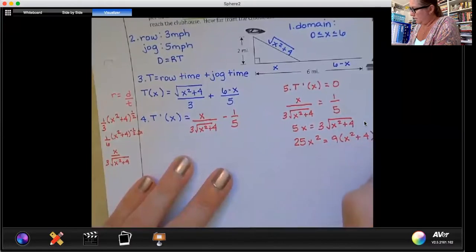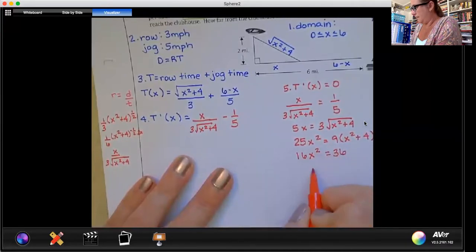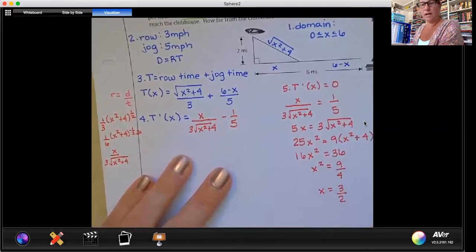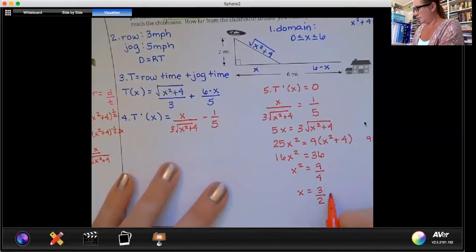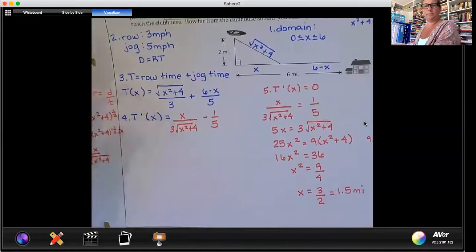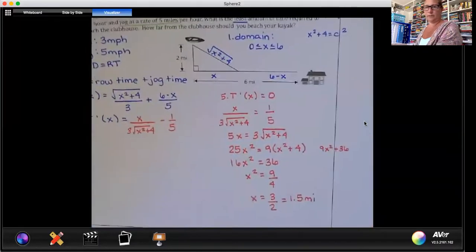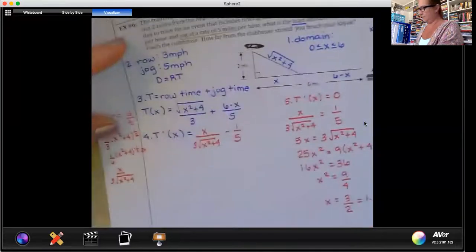Distribute the 9 and you get 9x squared plus 36. So that's 16x squared equals 36. Divide by 16 and reduce and square root. Again, you don't need the negative. You're not going negative miles. So that's approximately 1.5 miles. And just a little bit of simplifying out to the side.